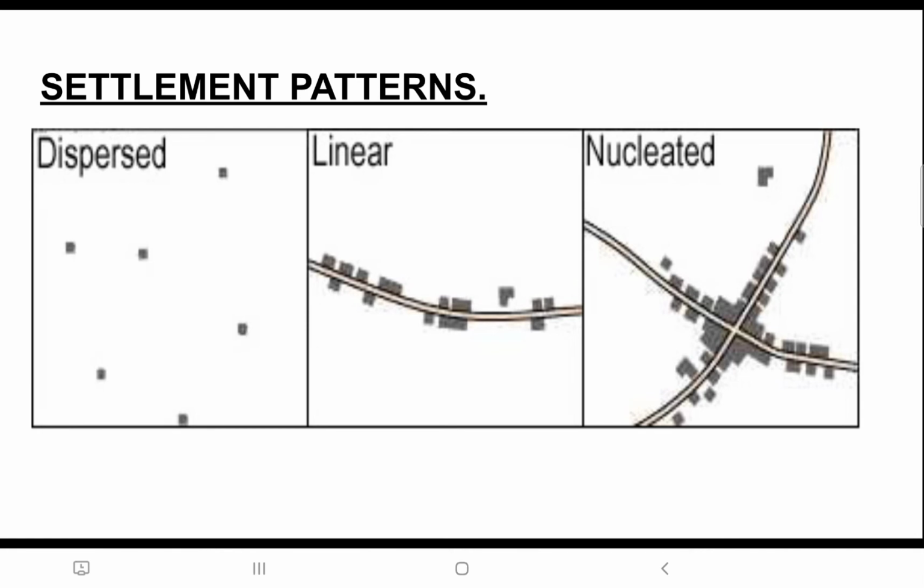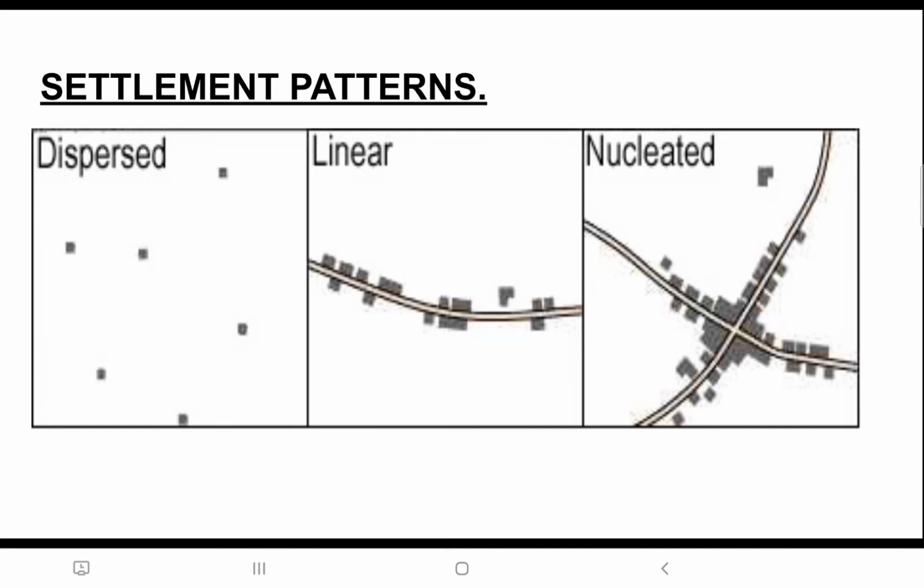And then you've got the last one, which is nucleated. So this is where you've got a nucleus. So you've got dwellings that are all clustered together, such as villages. There's not many isolated dwellings, and the shape of the villages is compact, and it's kind of like a square, or it can be a circular shape.